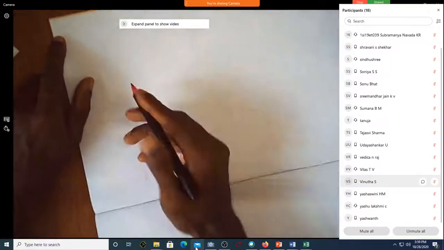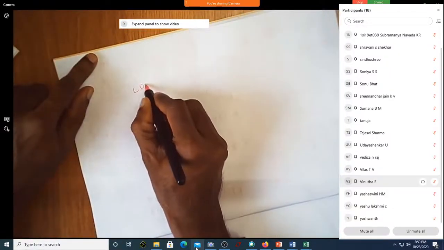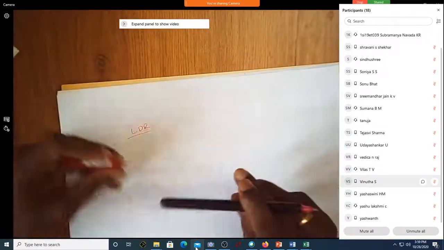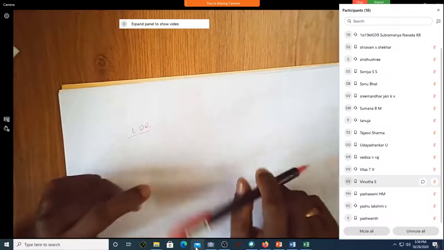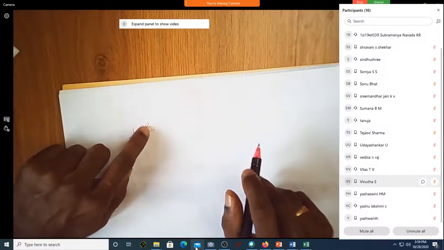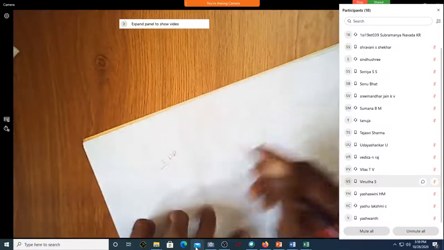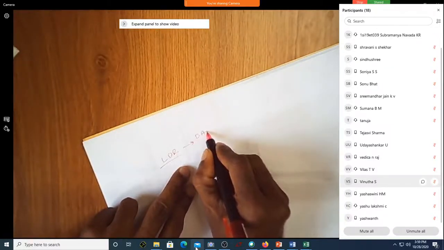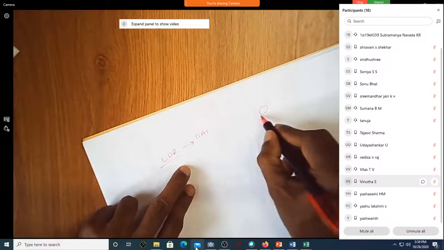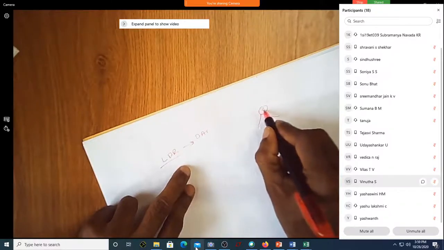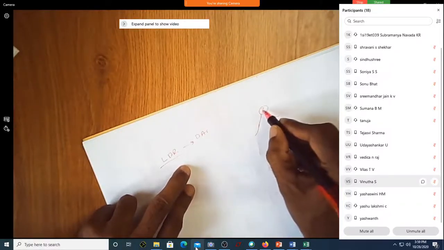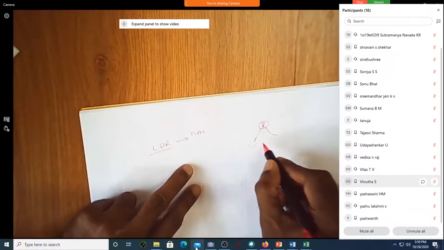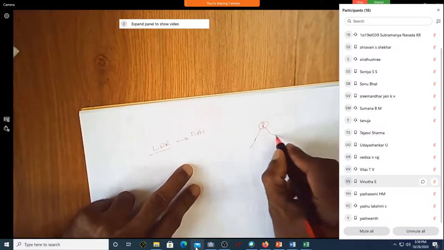So, what is this LDR? Light Dependent Resistor. It has some terminals, a 2-terminal component, giving a resistance.